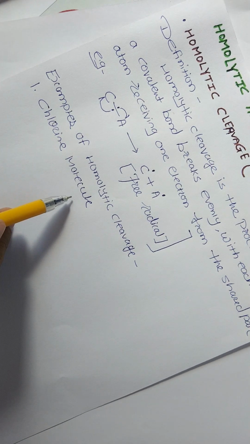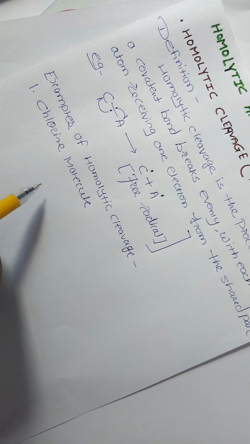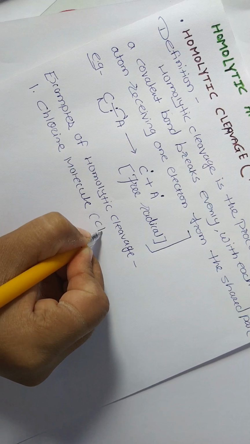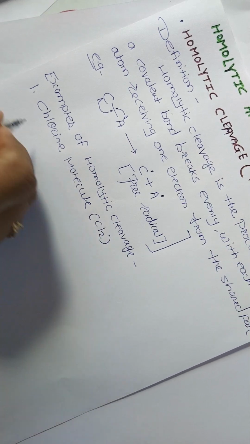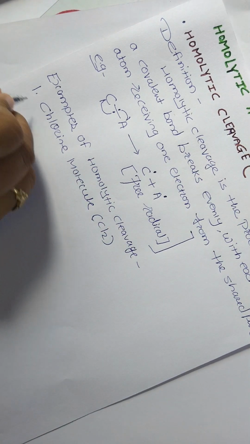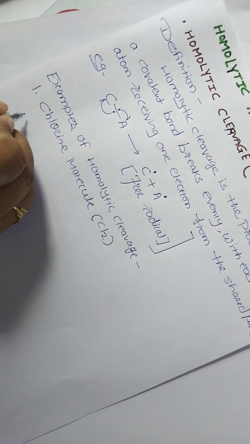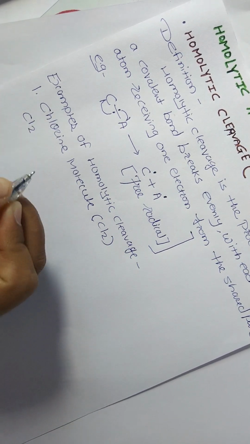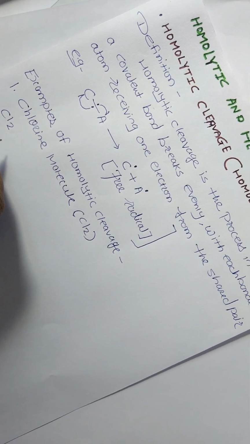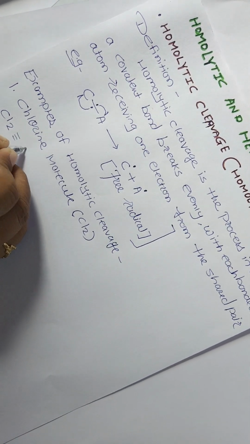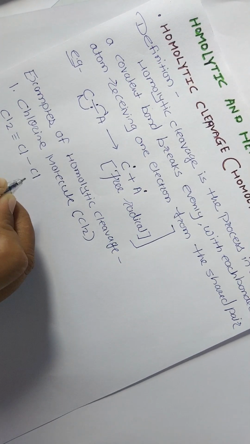The first one is chlorine molecules, that is Cl2. Okay, and another condition is UV light. Then Cl2, we can also write this Cl and Cl.